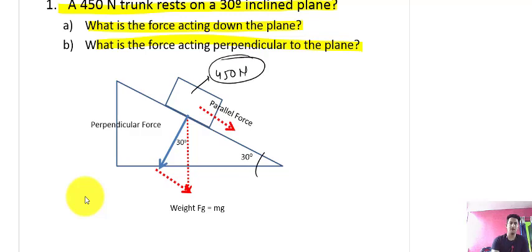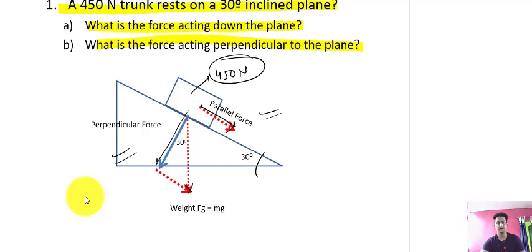Down the plane means the parallel force, and the perpendicular force is the second one. So the first part is to find the parallel force, the second part is to find the perpendicular force.